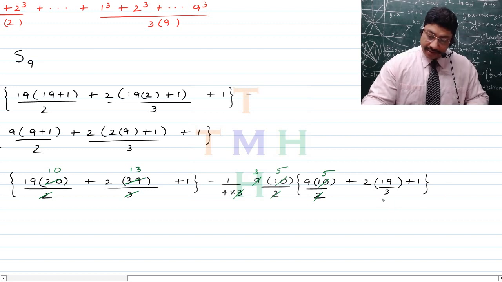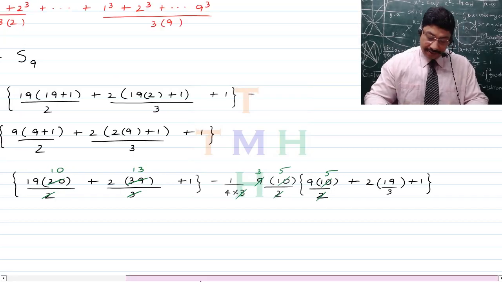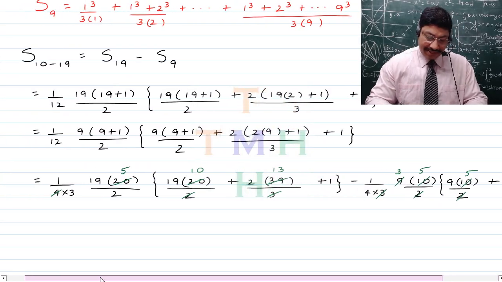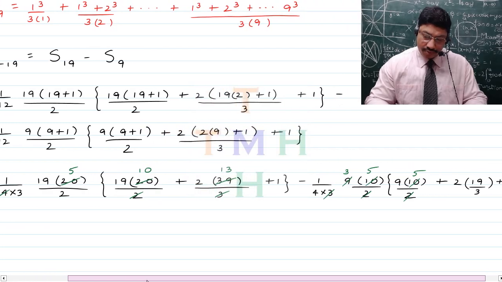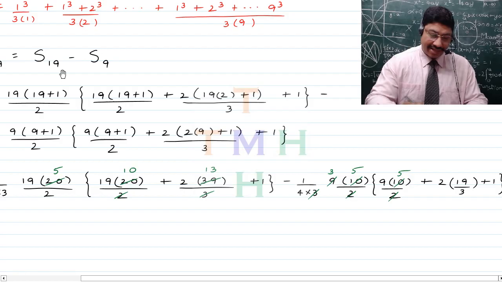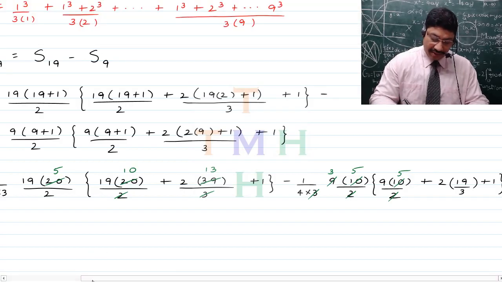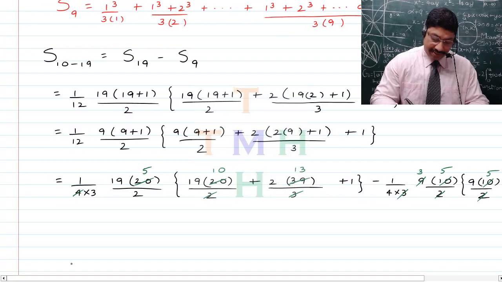Okay, now let's quickly calculate the second one, whether that has any mistake or not. We have here in the second term 2 times 9 are 18, plus 1 is 19. No cancellation is possible. So as such here now we'll further calculate whatever is left, right?